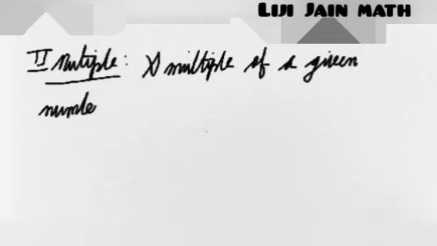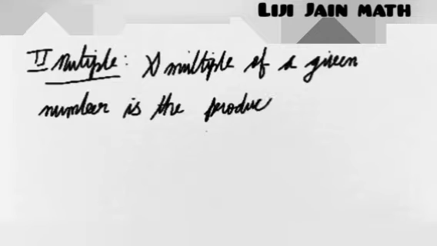A multiple of a given number is the product of this given number and another number.